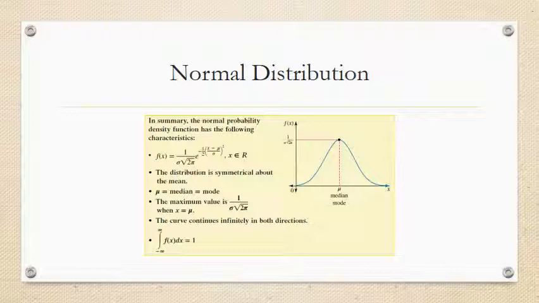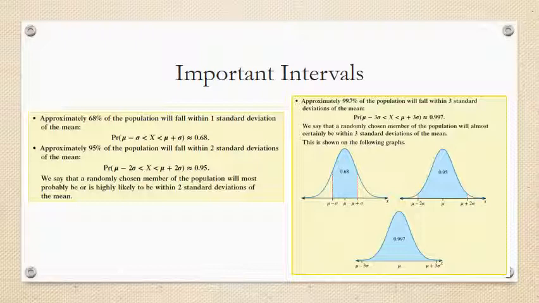However, you usually can't manually do it, and so for most of the section we're going to use the calculator, except if you go to this particular slide, you'll see that there are special values that we need to note. Approximately 68% of the population will fall within one standard deviation of the mean.